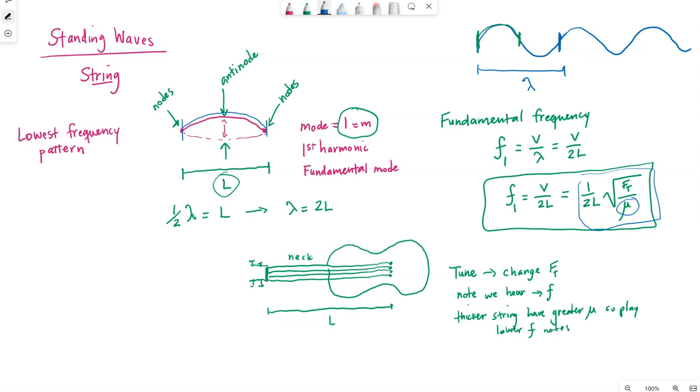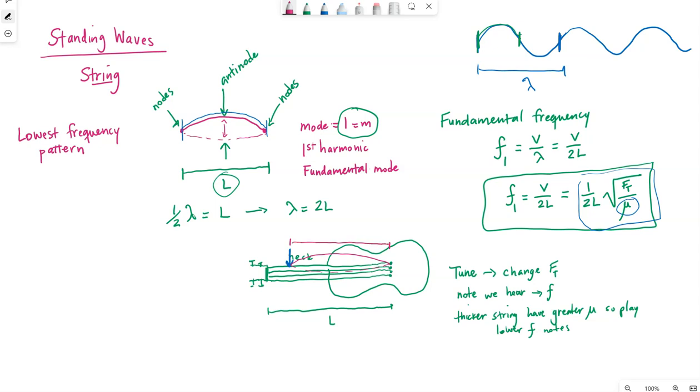Now, on a guitar, if you want to play a different note, you can put your finger down on the string. If I put my finger down on the string, what happens is it only allows this portion of the string to vibrate. And that's a terribly over-exaggerated loop.